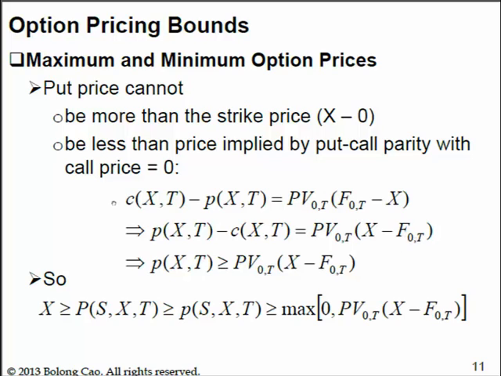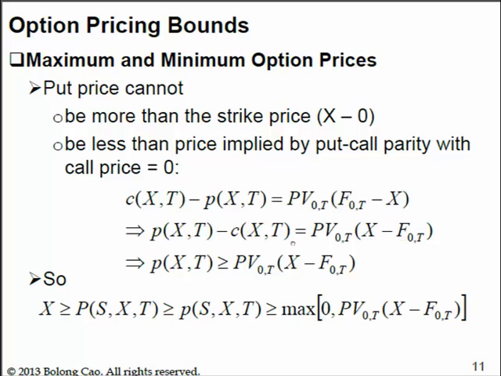So we just put a minus sign in front of the left-hand side and the right-hand side for the standard put call parity equation. And we get put minus call equals the present value of the difference between strike price and the forward price.